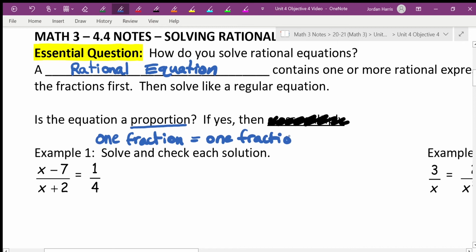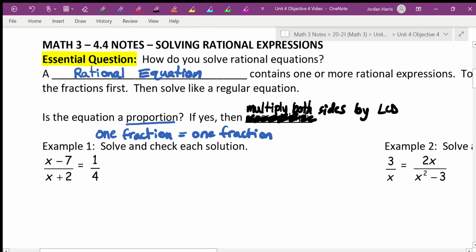If yes, then multiply both sides by the LCD, or a common denominator. I'll just call it LCD.